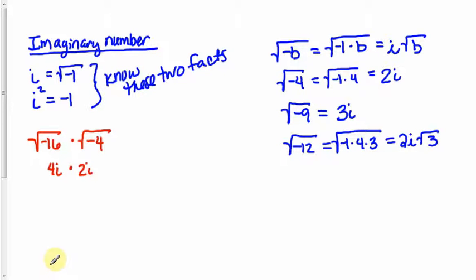Now we can multiply. 4 times 2 is 8, and i times i is i squared. Now remember, I told you if you knew what i squared was, your life would be a lot easier, right? What's i squared? Negative 1. So this is really 8 times negative 1. So your answer is negative 8.